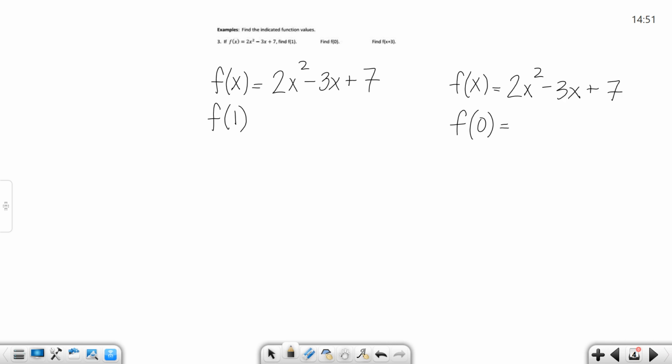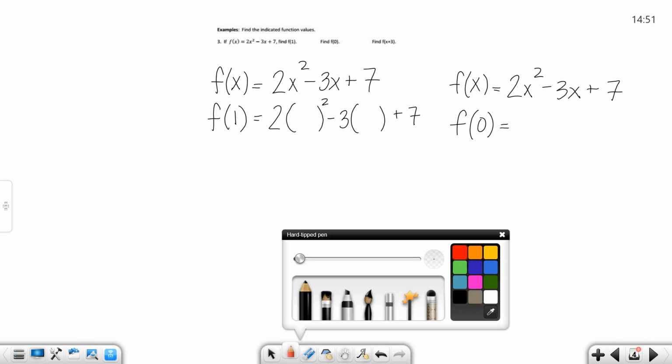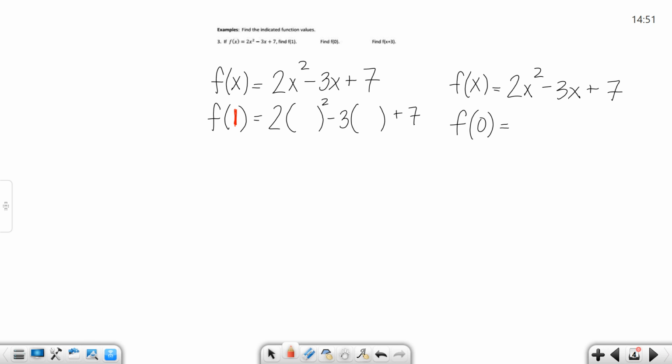Okay, so here's the way you operate on functions. You're going to replace every x with what's in parentheses. So here's how it looks. You have 2x squared minus 3x plus 7. Okay, so I took the x's out. And what I'm going to do is find what's in parentheses, and put that value in all of the blank parentheses.